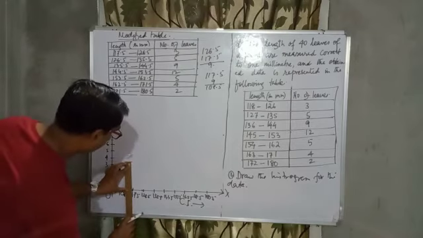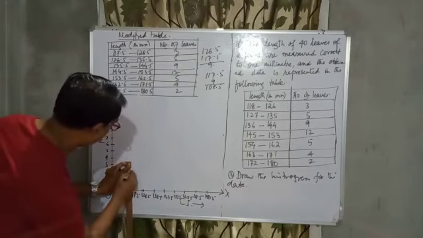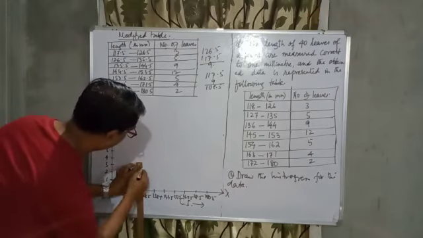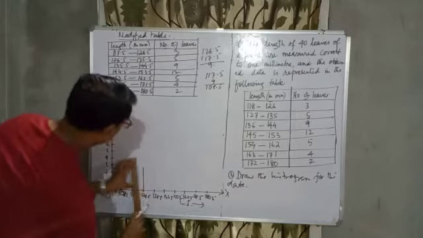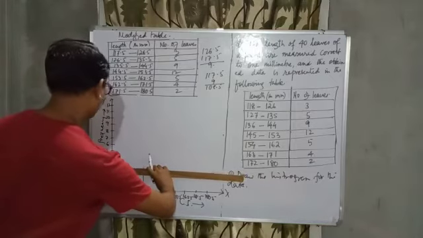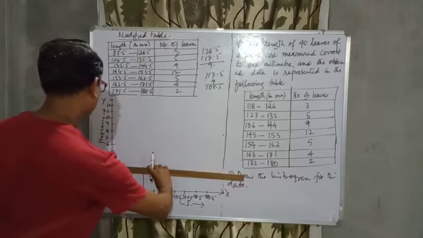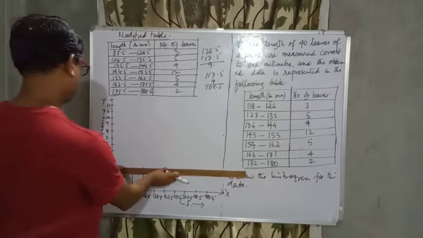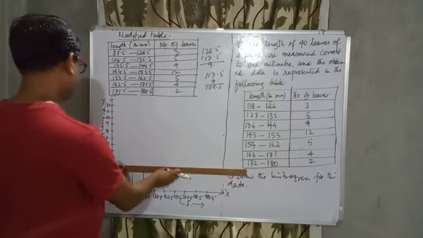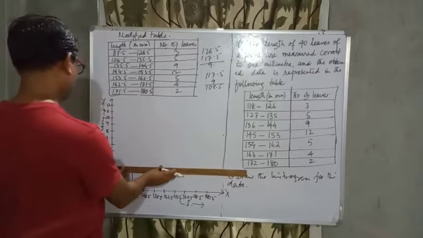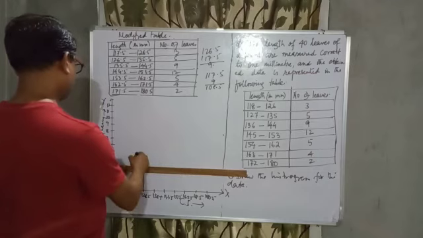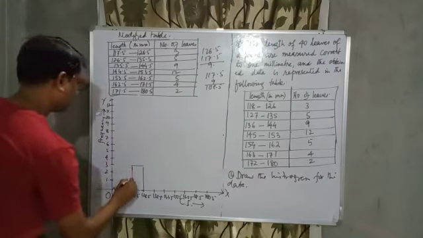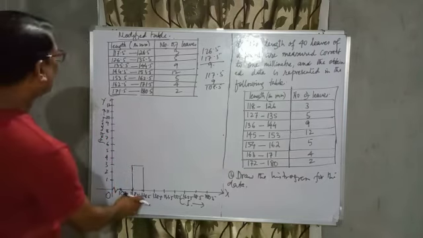This is 117.5 to 126.5. Up to this much is 3. Be careful, the height should be according to that. This is 3.